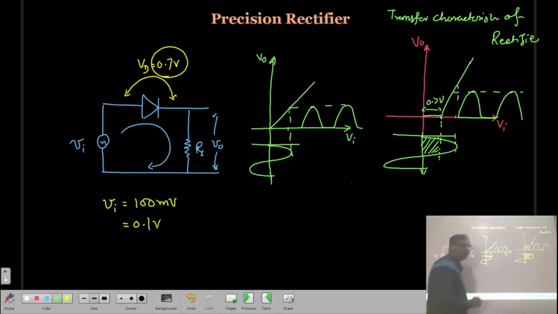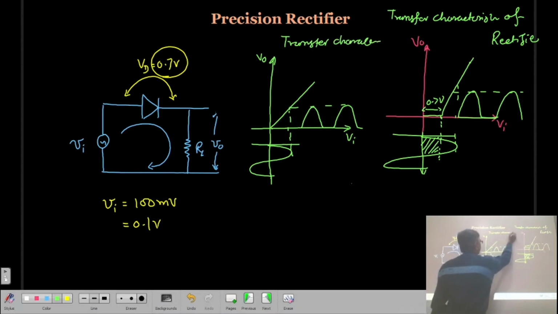So this kind of rectifier is known as a precision rectifier. Remember, this is the transfer characteristics of a precision rectifier.